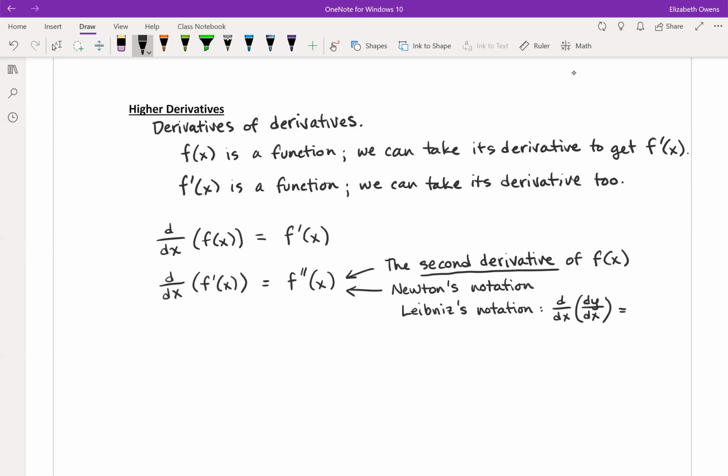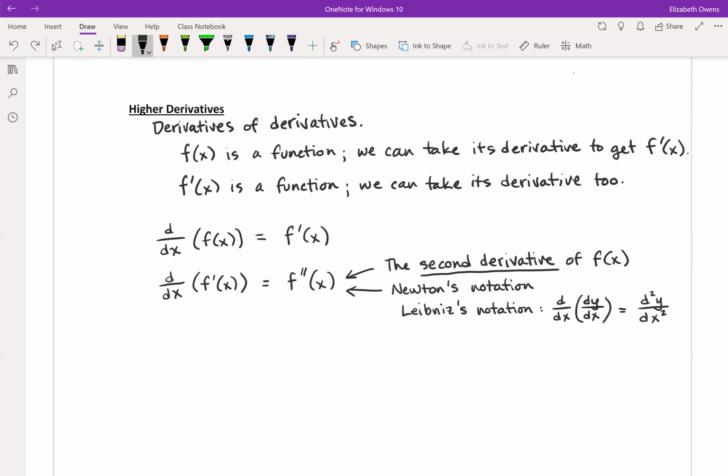And so the Leibniz notation for the second derivative looks like this, d squared y over dx squared. Just for notation purposes, you can remember that because there's two d's up here, so there's like the d squared type of thing going on, and then down here there's dx and another dx, so you can think of that being like the dx squared part. Yeah, maybe don't focus too much on that. That's just kind of helping you remember the notation.